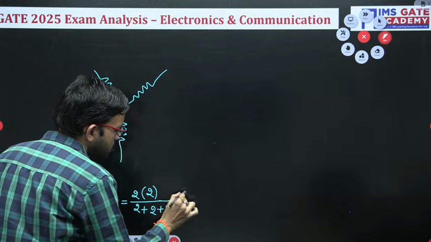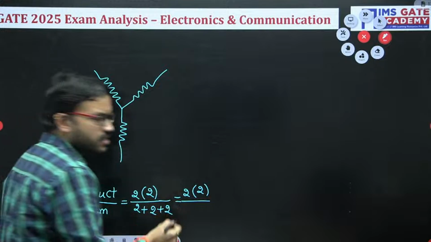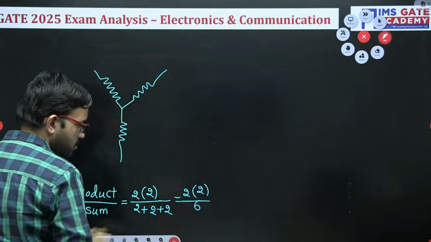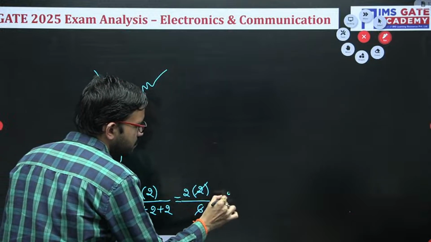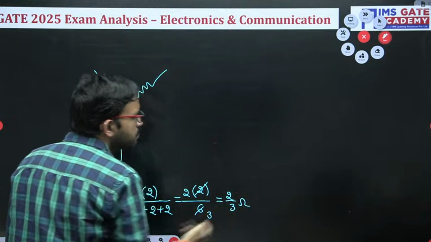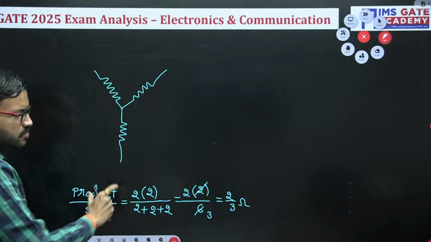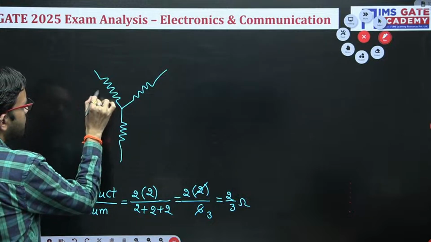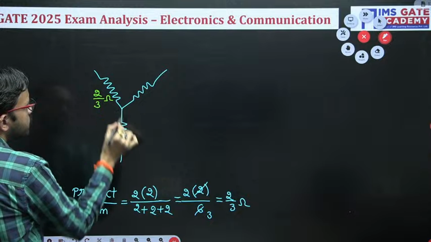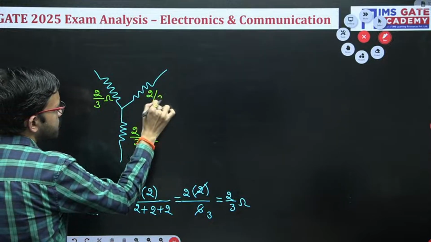I keep 2 into 2 as it is, and the denominator is 6. So 2 three times, that means you get 2 by 3 ohm. It is very simple; you can do the calculation without pen and paper also. Just for understanding purposes I have written the step. So here we get 2 by 3 ohm. Similarly here 2 by 3 ohm, and similarly here 2 by 3 ohm.